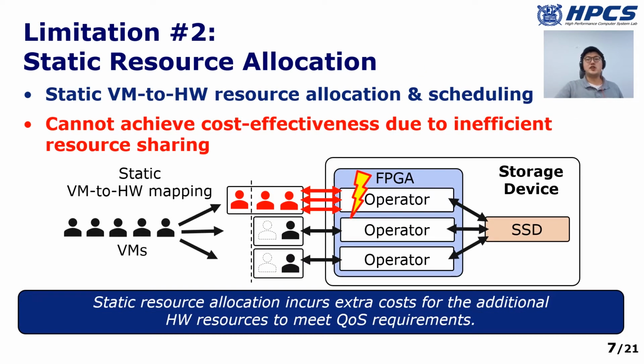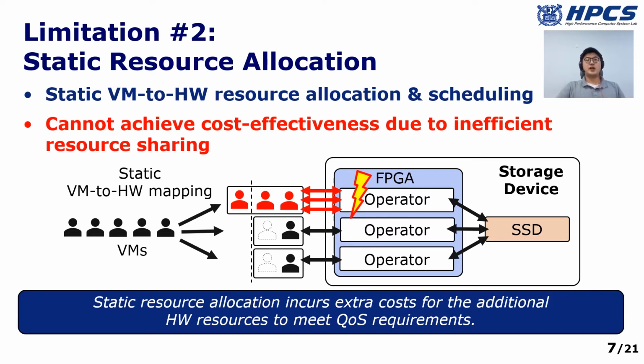Another limitation is their static resource allocation mechanism. This figure shows an example scenario. The previous SSD and FPGA virtualization studies support a VM oversubscription model, which can allocate more virtual machines than available hardware resources. However, with a static virtual machine to hardware resource allocation, some FPGA operators can be highly contended by oversubscribed virtual machines.